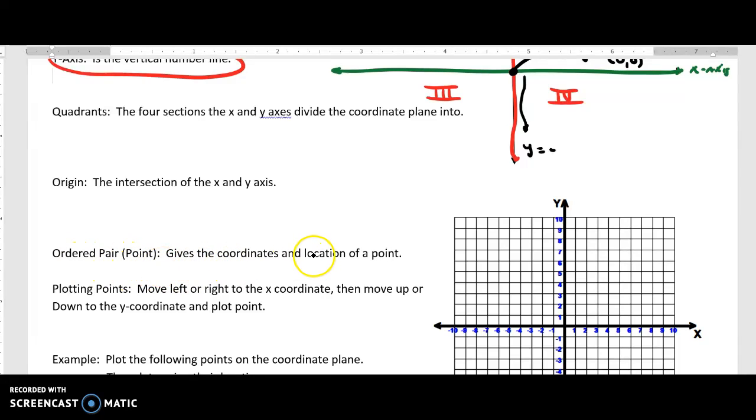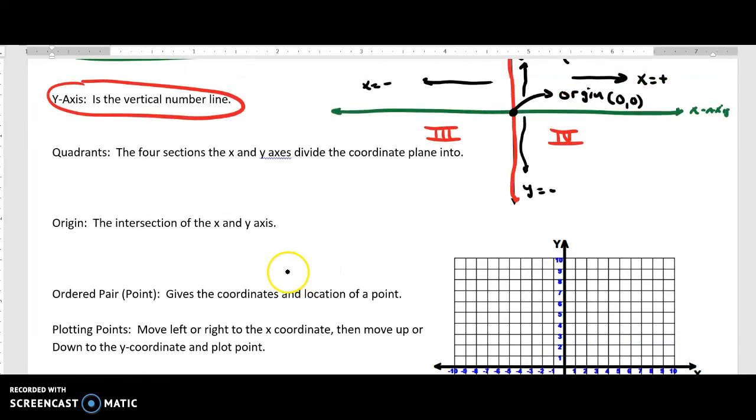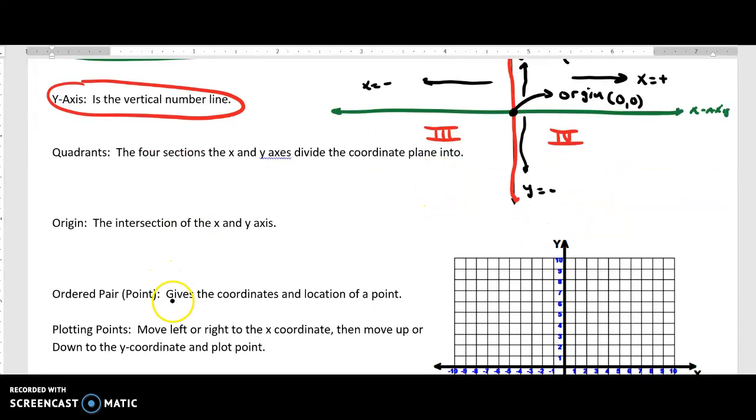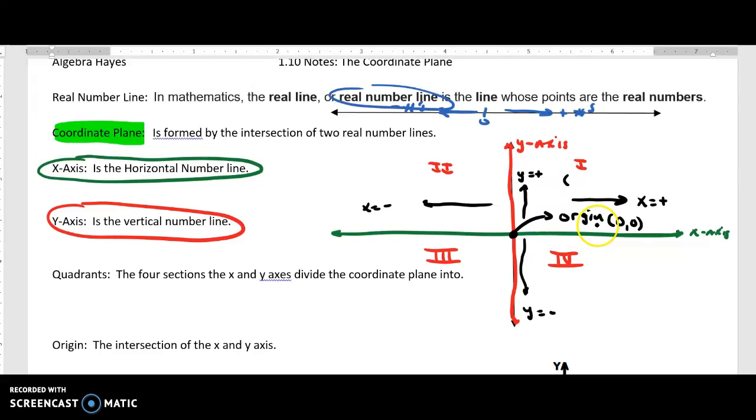And basically, it gives the coordinates and location of a point. An ordered pair always has an x value and a y value, okay? And that's where the location ends up being.